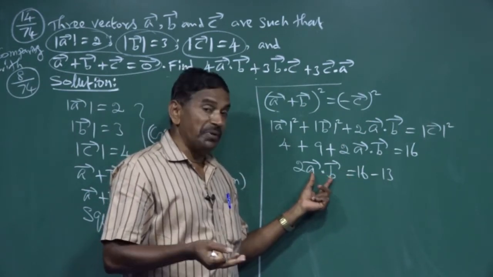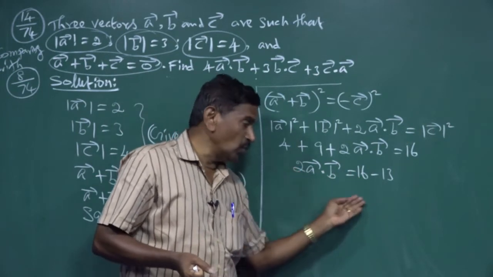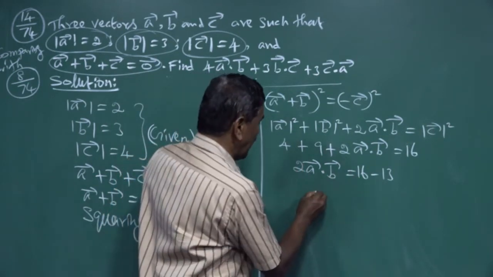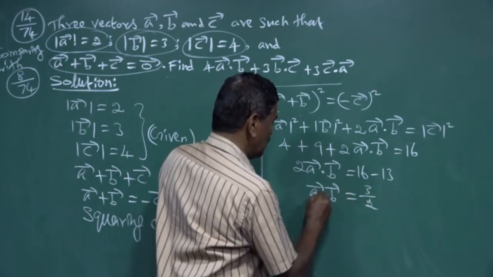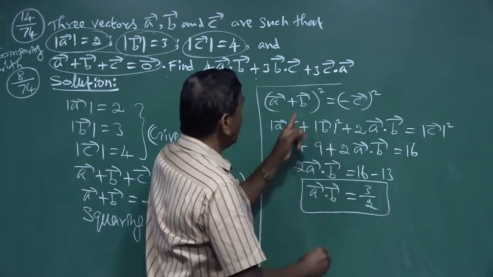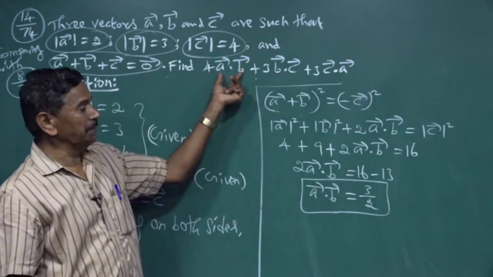Therefore A vector dot B vector equal to 3 by 2, because the 2 goes to right, it becomes divided. So A vector dot B vector is equal to 3 by 2, which is one value. A vector dot B vector value is ready.